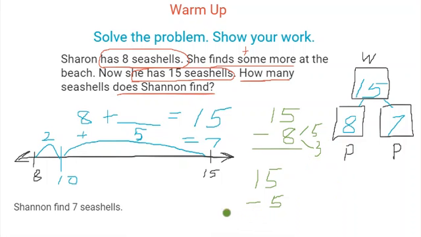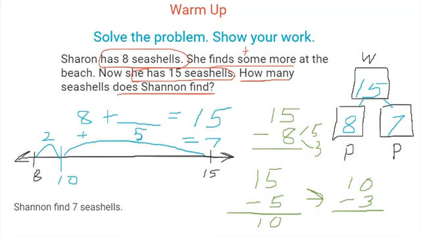So 15 minus 5 is going to be 10. And then we're going to take that 10 and subtract 3 from it. If you remember, 10 minus 3, you can count down. You hold up 10 fingers and take 3 away. And then how many do you have left up?